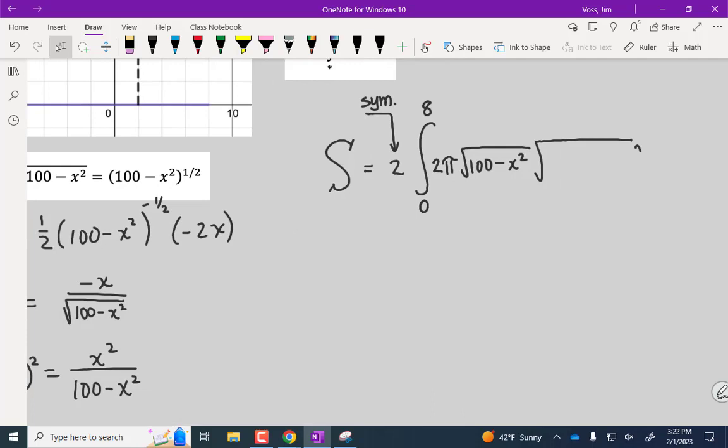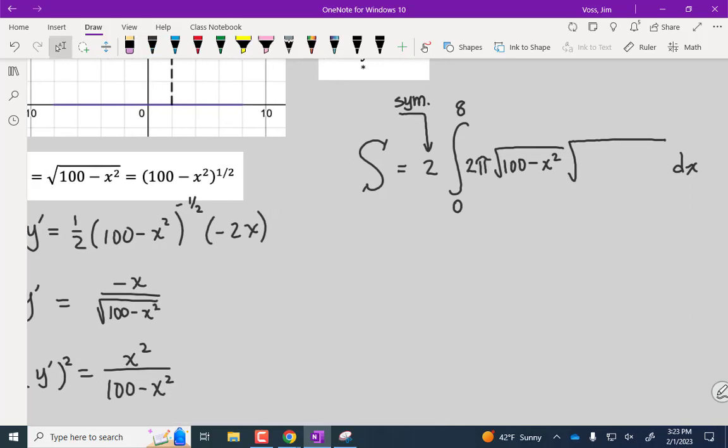Move that over for a second. Something's fishy. Okay, so 1 plus that squared. So 1 plus x squared over 100 minus x squared.